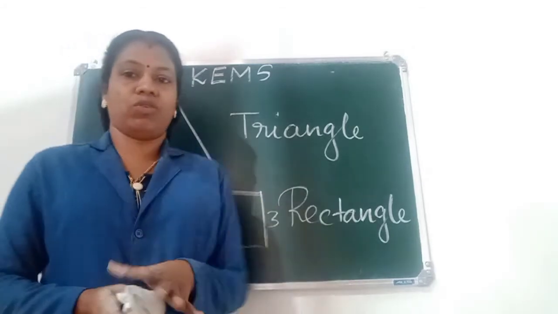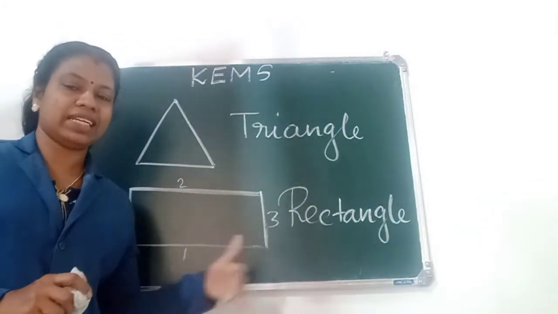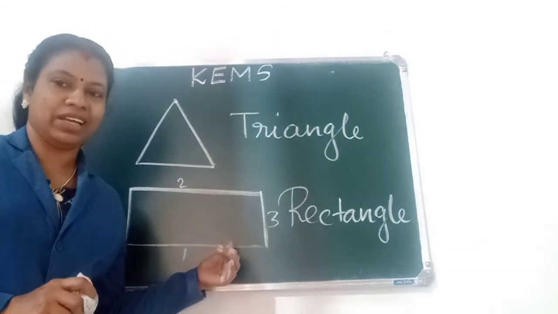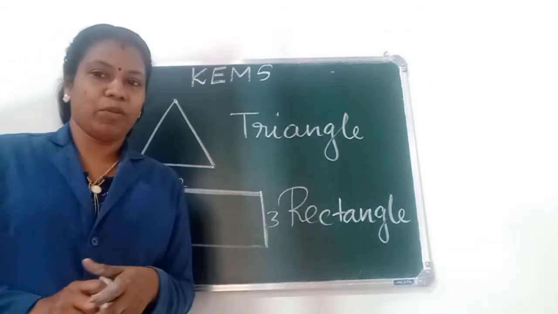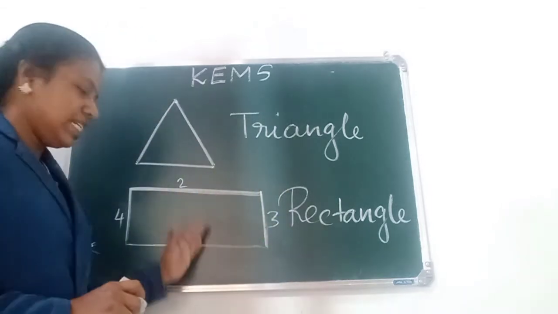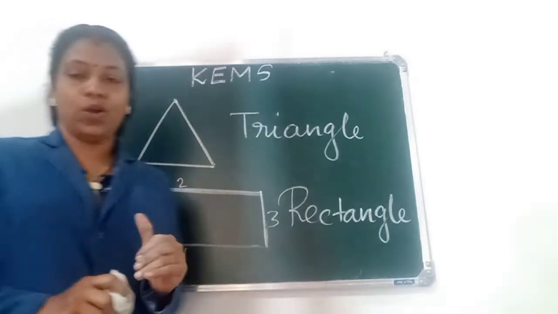A rectangle has four corners. And one more condition about a rectangle. Look at the figure carefully. You can say the property. Yes, in a rectangle, opposite sides are equal.